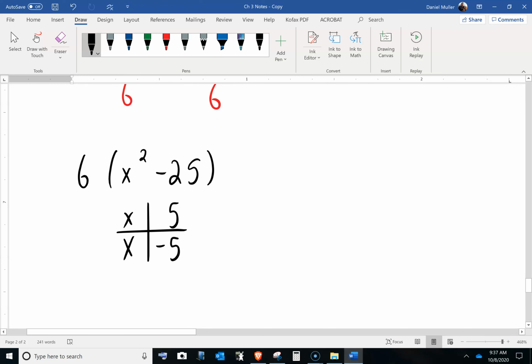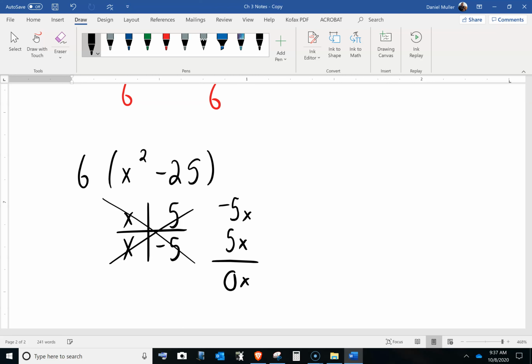And then that usually gets you 0. So x times negative 5 is a negative 5x. x times 5 is a positive 5x. And if you add those together, you get a 0x, which is why it's not written. That's perfect. So x plus 5 and x minus 5.